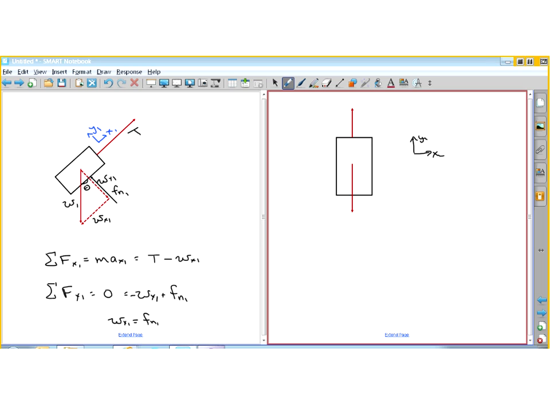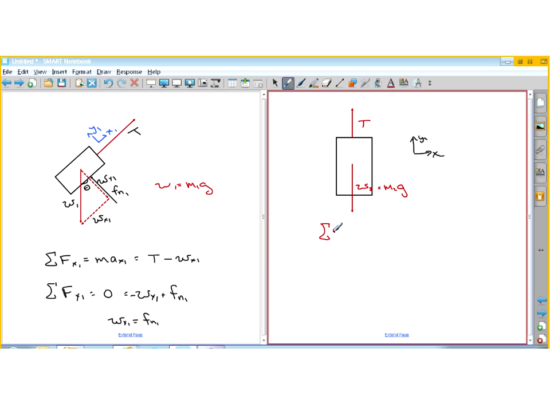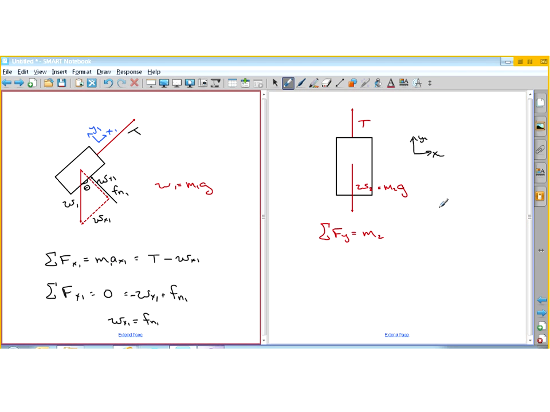So this is the tension. This is W sub 2. W sub 2 is equal to M2 times G. Just like over here, W1 is equal to M1 times G. And if we sum the forces in the y direction, this thing's moving up and down, so we have the mass of object 2, and I forgot the subscript 1 over here, so put that 1.